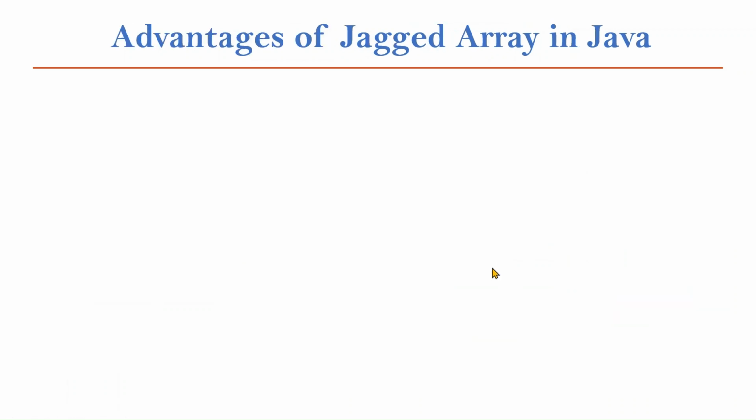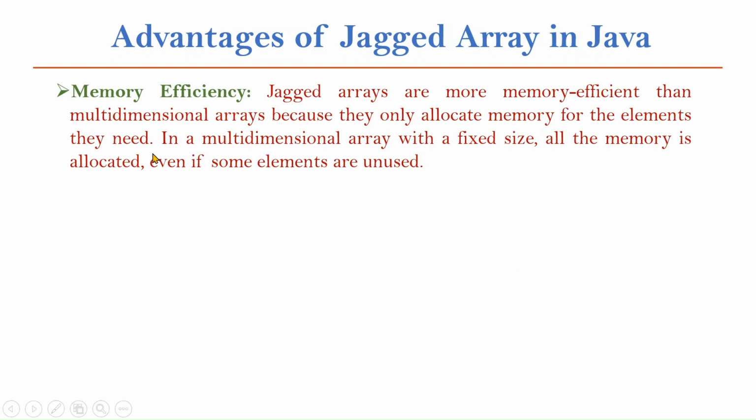Now coming to the advantages of jagged arrays. One is memory efficiency. Jagged arrays are more memory efficient than multi-dimensional arrays, where multi-dimensional implies 2-dimensional arrays, because they only allocate memory for the elements they need. That is the specialty of jagged arrays. How much memory you want for row 1, row 2, row 3, you specify individually.